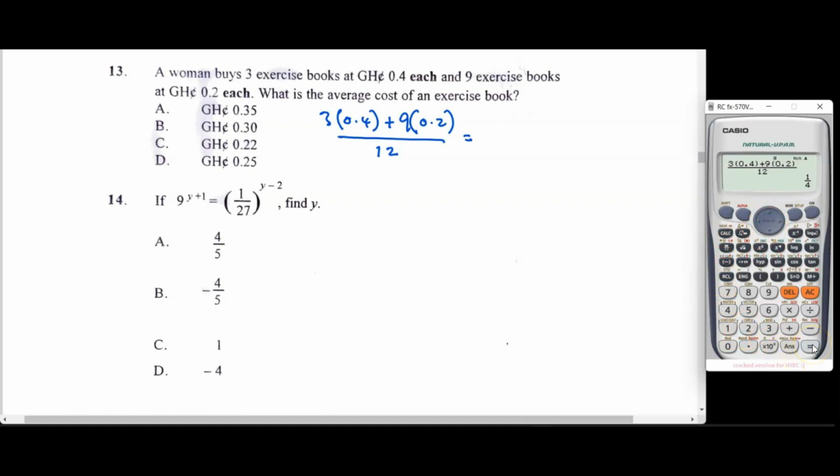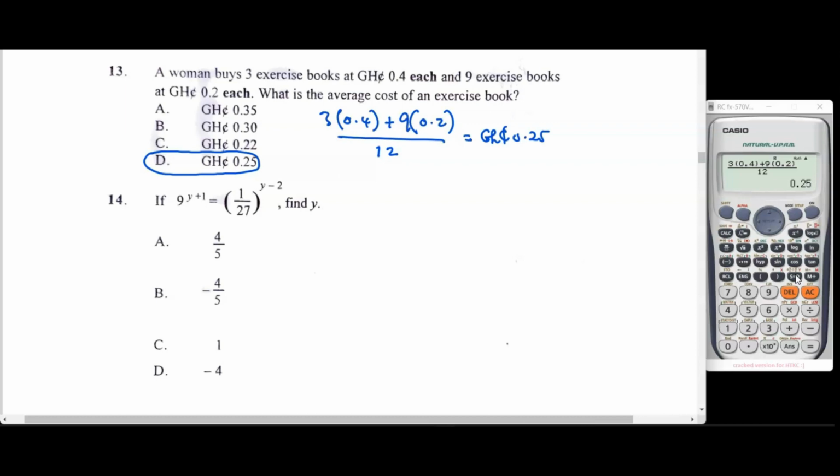And that gives us 1/4. So to send it into decimals, that is 0.25 Ghana cedis. And that's the average cost of the exercise book. So that is possible answer D.